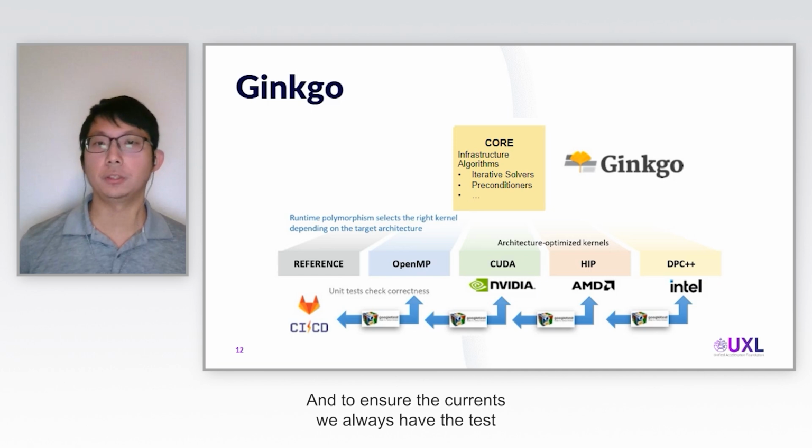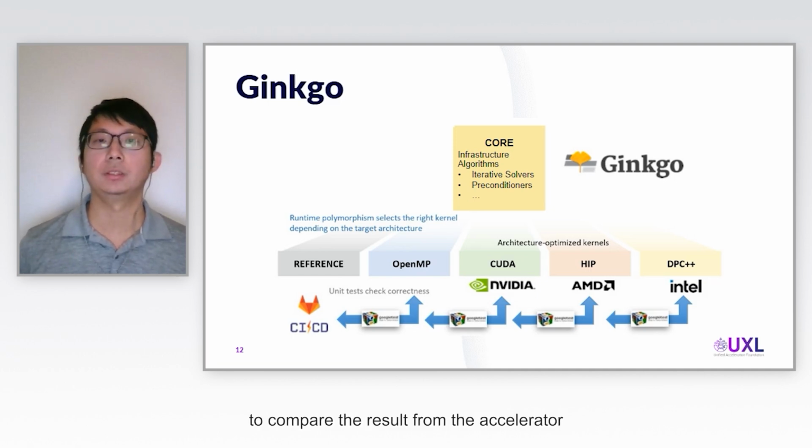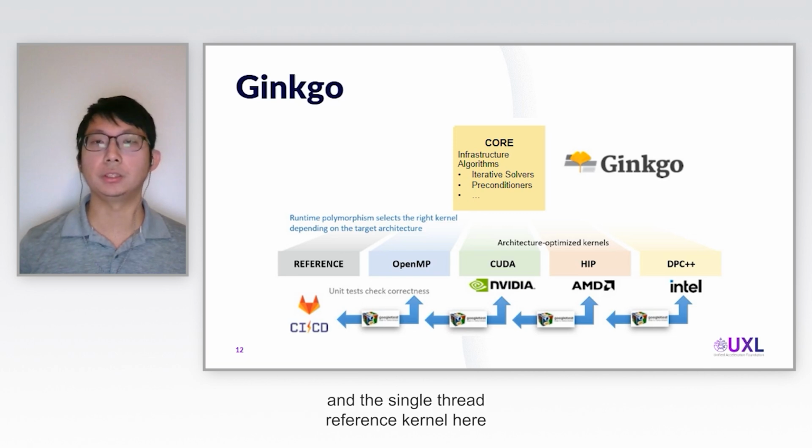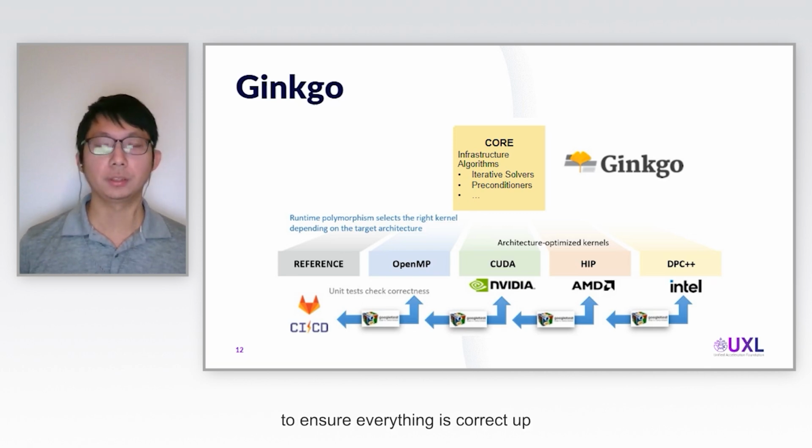To ensure correctness, we always have tests comparing the results from the accelerator and the single-thread reference kernel, to ensure everything is correct up to numerical error.